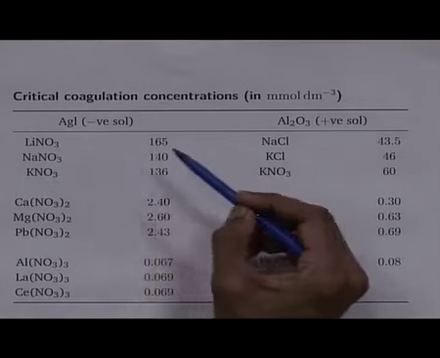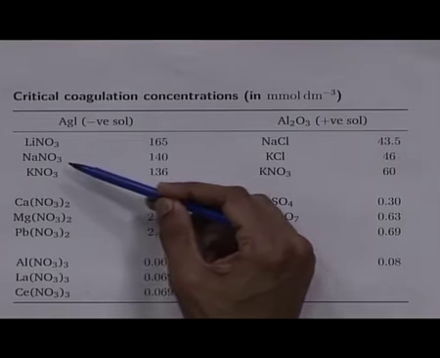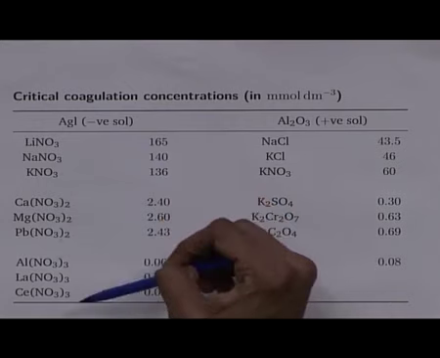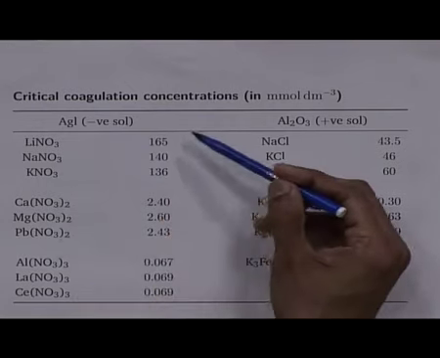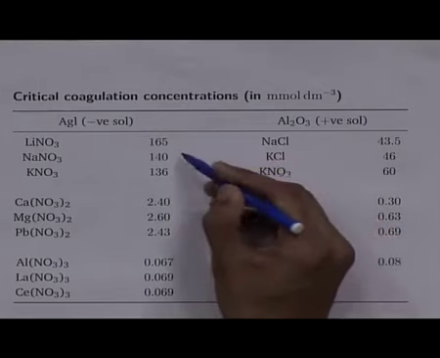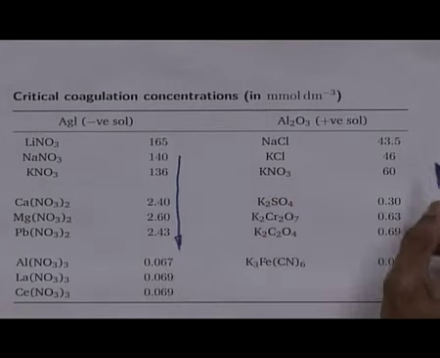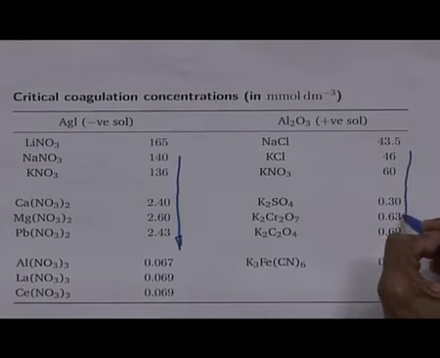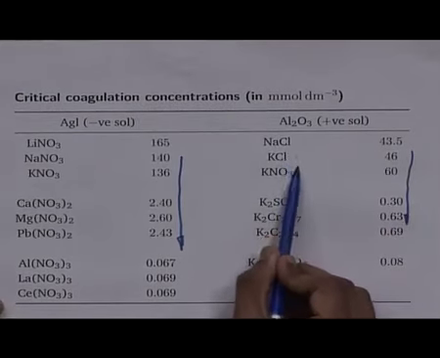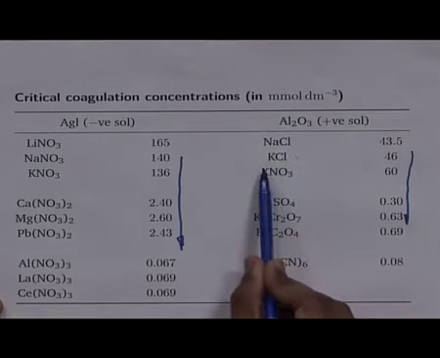So, when you went from singly charged ion to doubly charged ion to the triply charged ion, the concentration of the electrolyte that was required decreases as you went down like this, and the same is the case with the positively charged sol. Here again the anions may be different, but you find the same sort of trend.